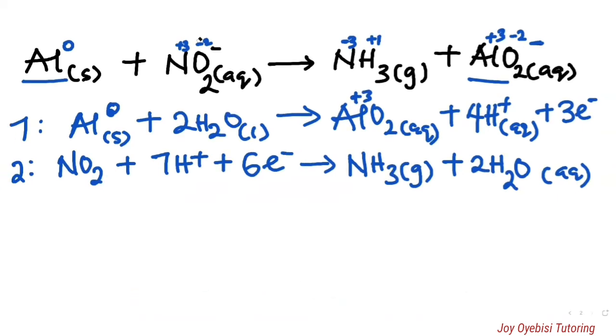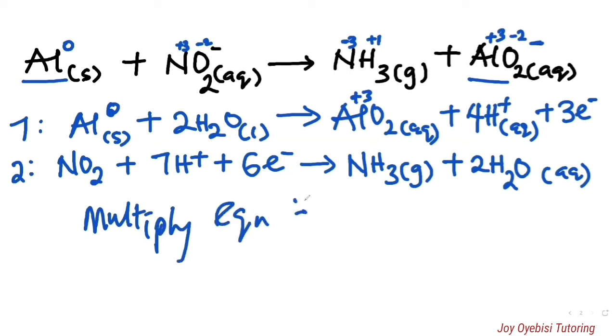Okay, so after balancing the charges, the next step will be to cancel out the like terms in the opposite directions on each equation. Okay, so here I need to make sure that the charges are the same, and to do that I'm going to multiply equation 1 by 2.